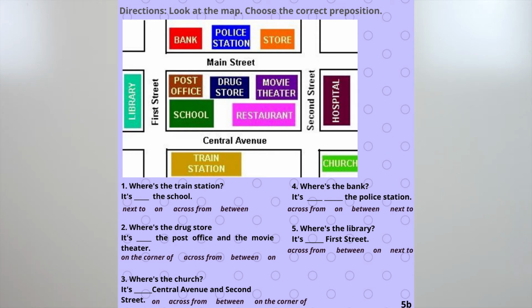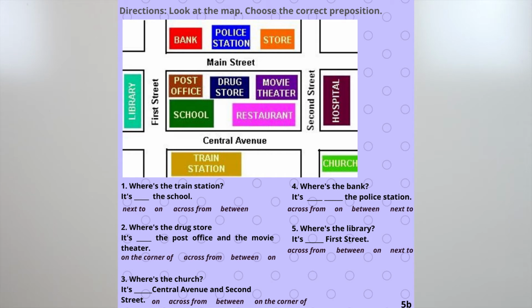Let's do number 1 together. Number 1 says, where's the train station? We have it's blank, the school. Below, you see the word next to, on, across from, or between.